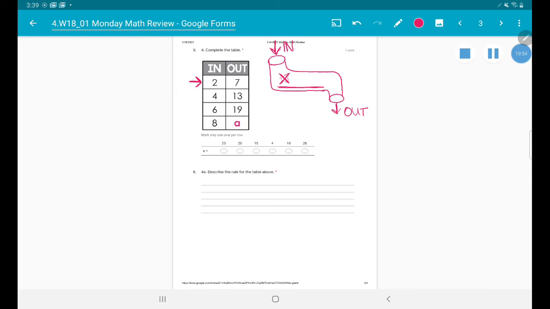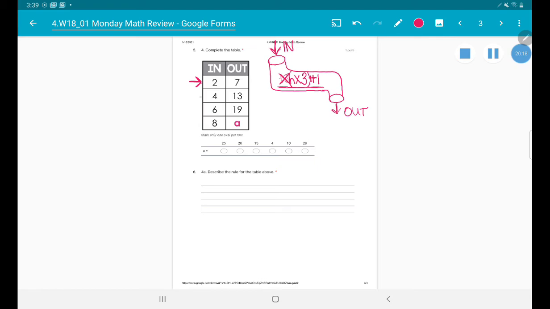I tried to add. That didn't work. So I'm going to multiply. 2 times what equals 7? 2 times nothing equals 7, but I could do 2 times 3. That would get me 6. Then I could add 1. So maybe my rule is multiply by 3 and add 1.